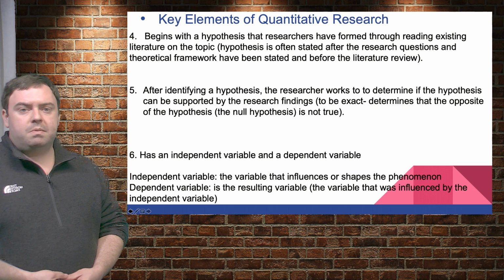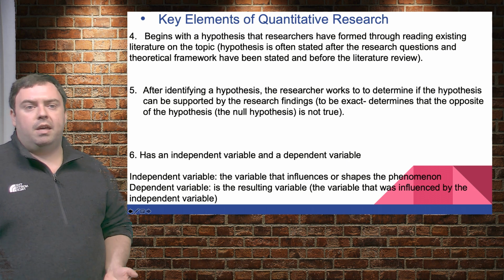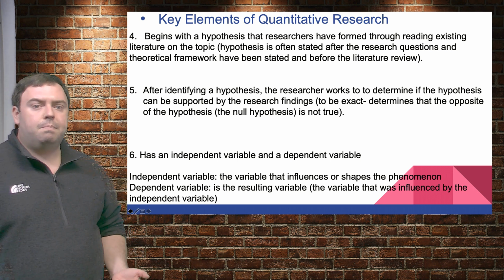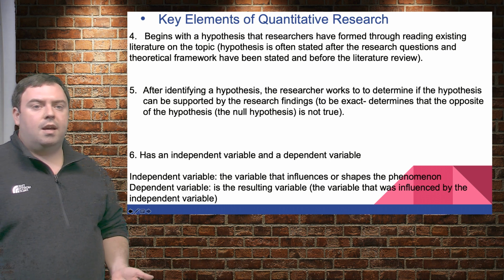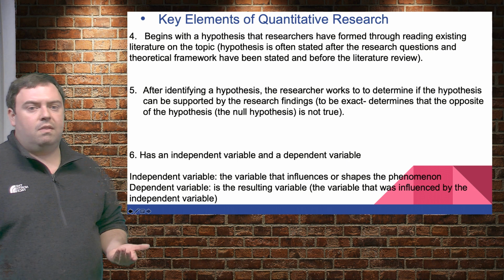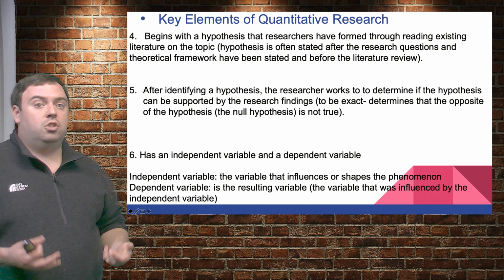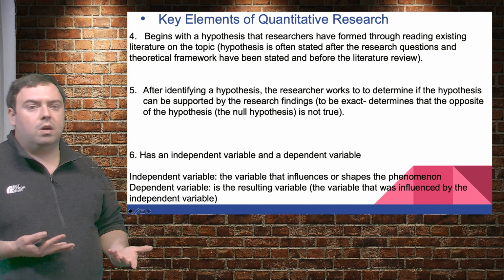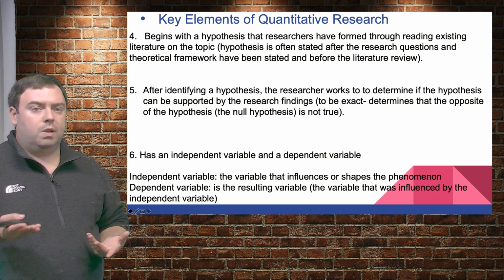There are two different types of variables you need in explanatory quantitative research. You need an independent variable and a dependent variable. We'll talk about both of them in future slides, but just to give an introduction, the independent variable is the variable that's in charge, that influences the other variable. The independent variable works on its own, and it's basically in charge of the relationship.